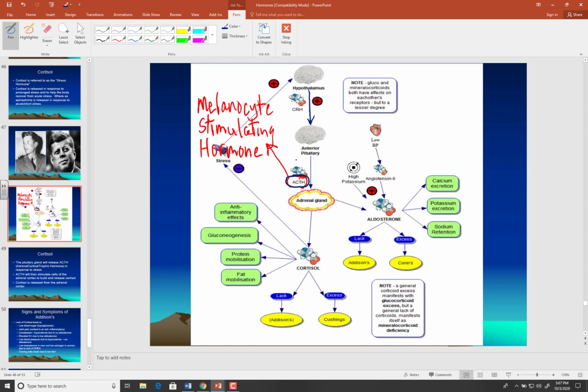Tropic means to increase or develop, and the adrenal cortex is ACTH's primary target. So it's going to stimulate the cells of the adrenal cortex to release cortisol, aldosterone, and DHEA.